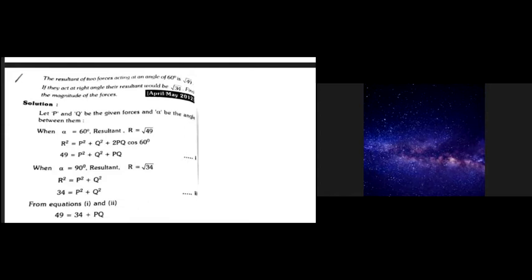Here, in two cases, you have to find the resultant value. The first case is when alpha, the angle between the two forces, is 60 degrees. Let us assume capital R is the resultant. When alpha equals 60 degrees, then resultant R is equal to root 49.